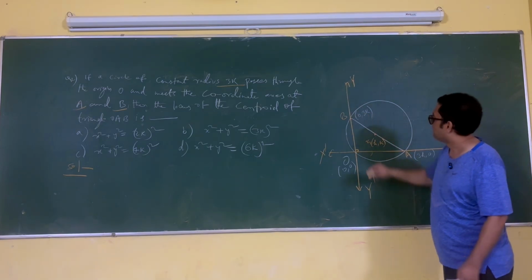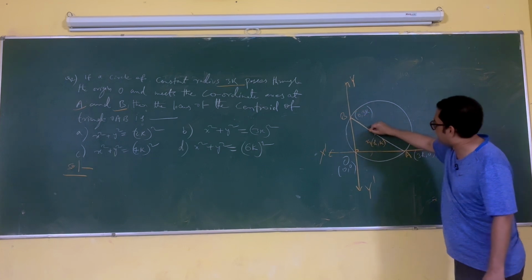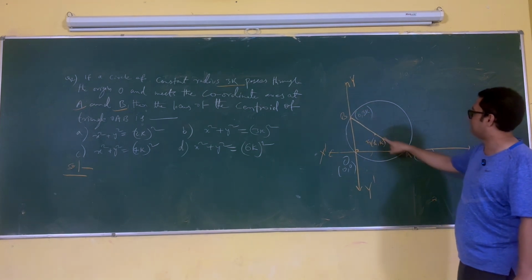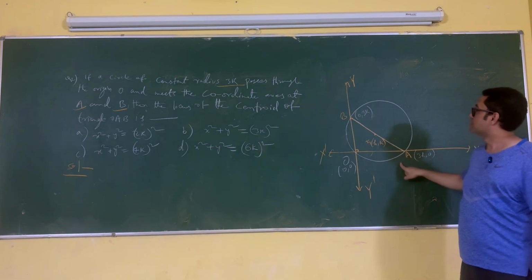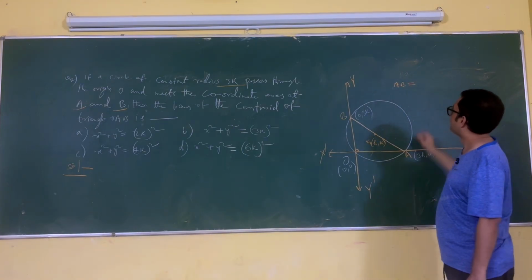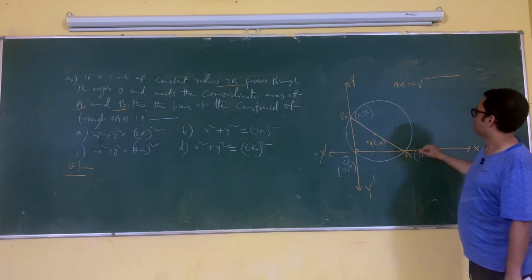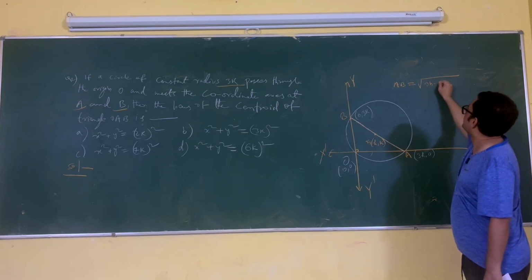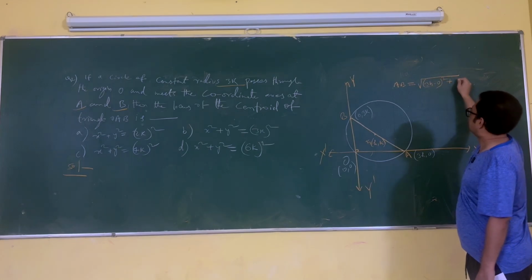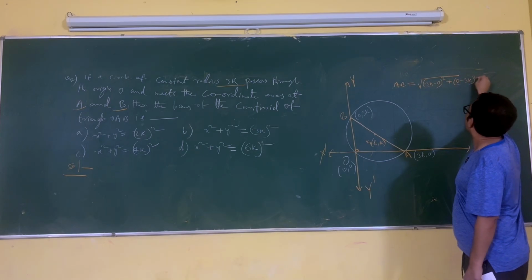Now simple, we can apply this. What is this length AB? We have the endpoints here, so AB is equal to root under 3h minus 0 whole square plus 0 minus 3k whole square.